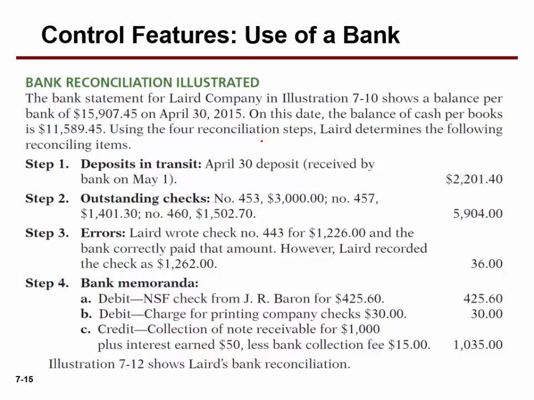They put them in their wallet for a few days before they finally go to the bank and deposit them, right? Since those are checks that were written against our account that the bank didn't know about until after April 30th, what do we do with those? We subtract, good, the outstanding OS checks, and that's going to be 5904.